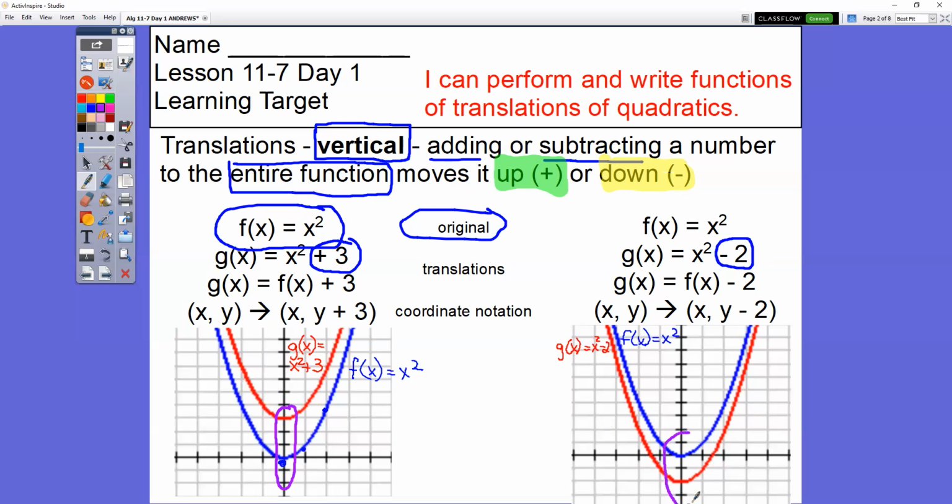On that y-axis, this one is going up 1, 2, 3. This one is going down 1, 2. So we're adding to the entire function, going up, and subtracting, going down.